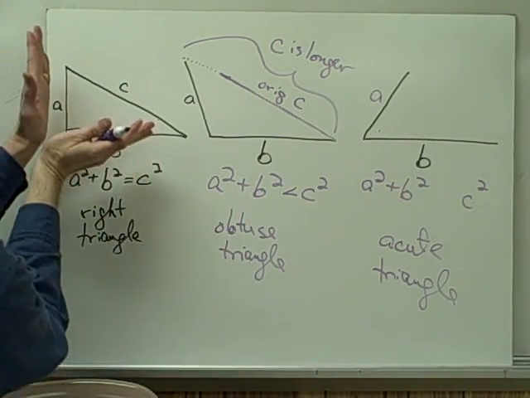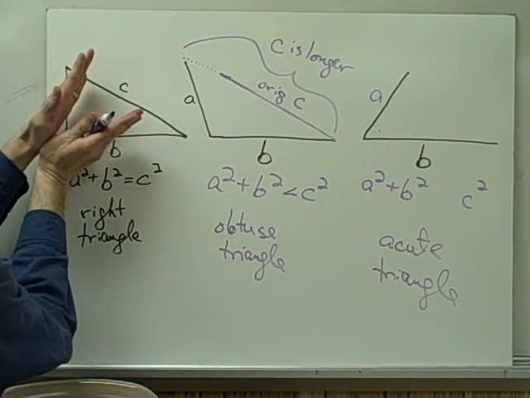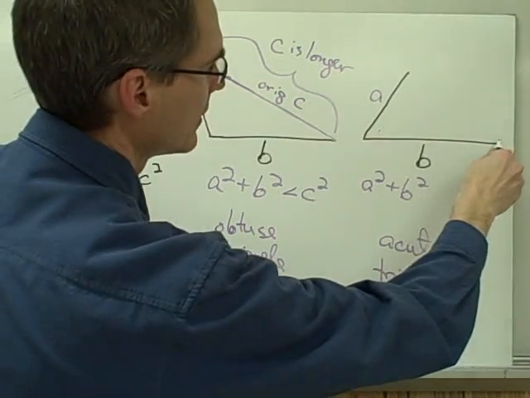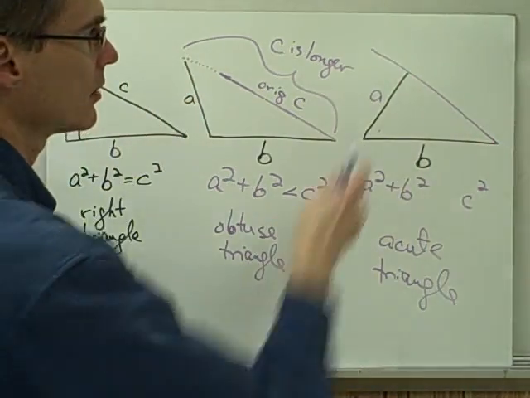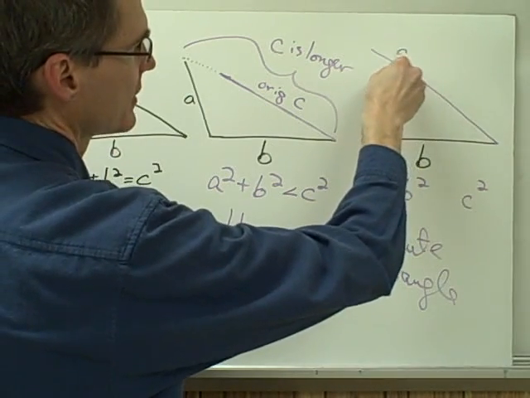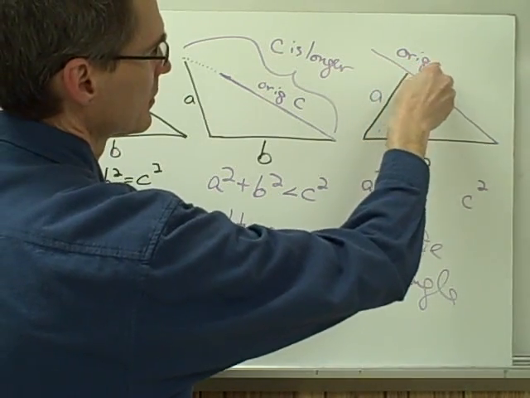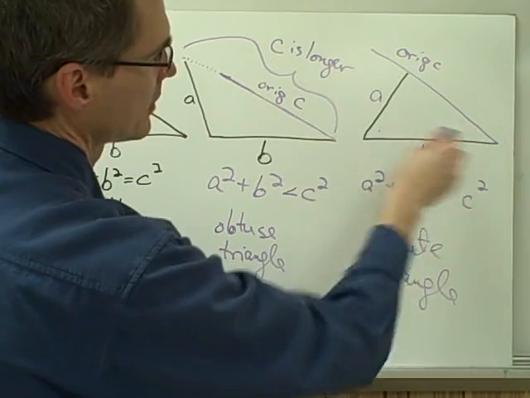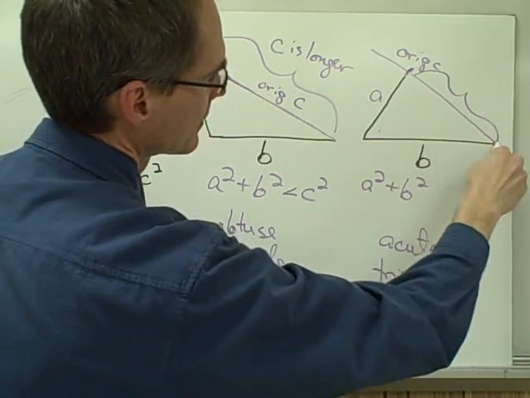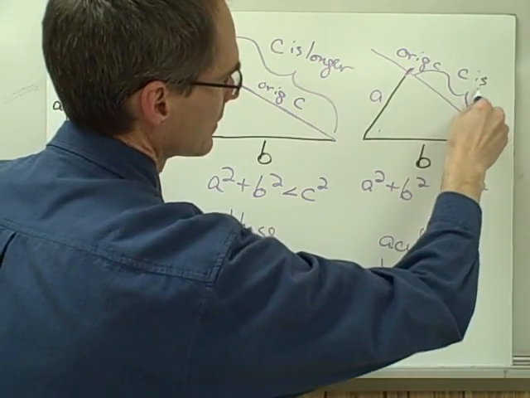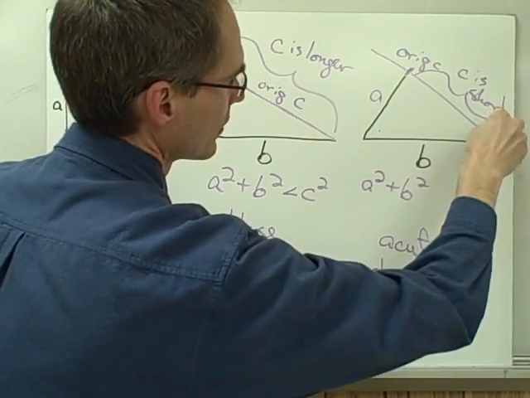Once again, if I make this angle smaller, notice that my side c, which started out that long, if I want to think of this as my original side c right here, well, now my new side c is going to be shorter.